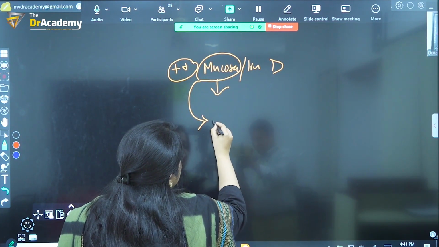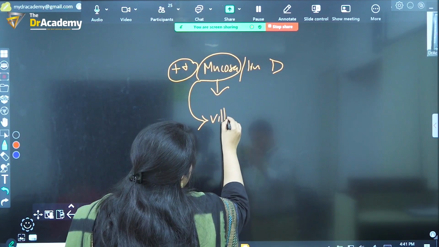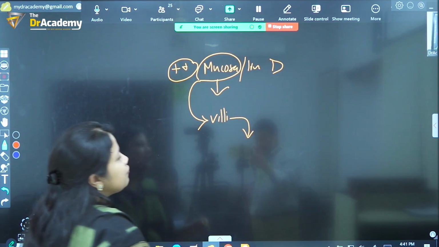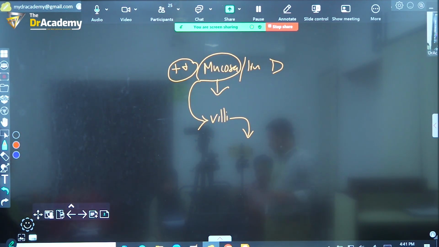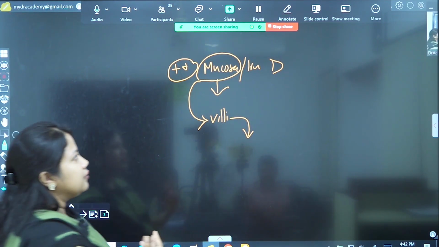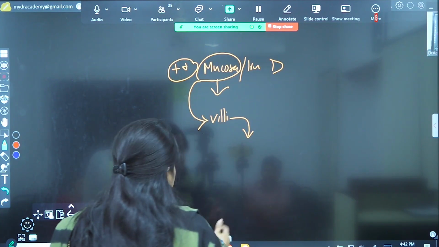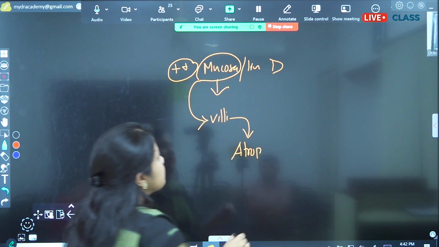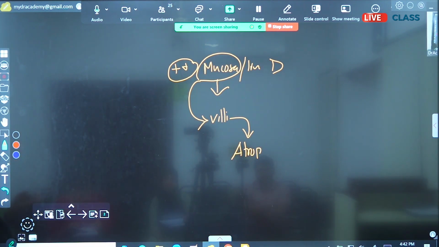That means the mucosa contains some villi, right? Ultimately, with continuous hypersensitivity reaction, are the villi hypertrophied or atrophied? Which one? Atrophied. Whenever it loses its normal structure, it will degenerate, right?